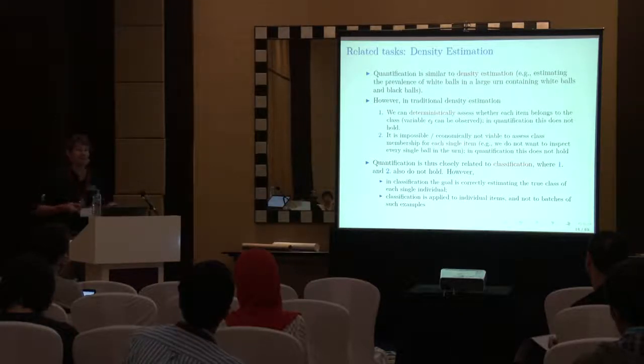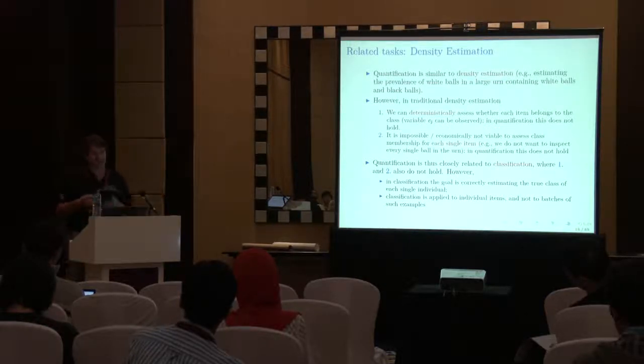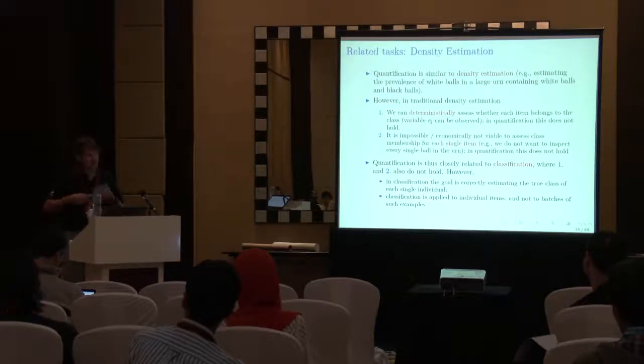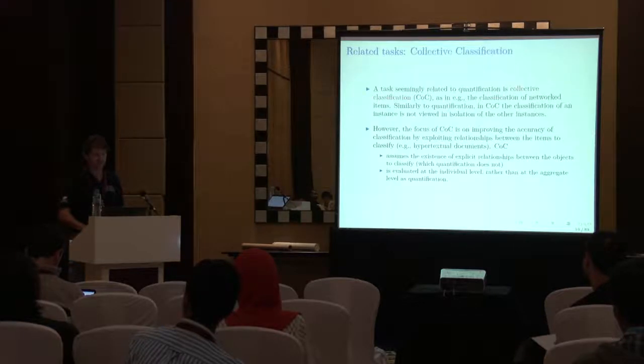This is not the case in sentiment quantification, because classification typically has a degree of subjectivity, so your decisions are uncertain. So density estimation and quantification have points in common, but also differences. These differences tell us that quantification is related to classification, because we have subjectivity, and because in classification we can classify each individual item without any problem.